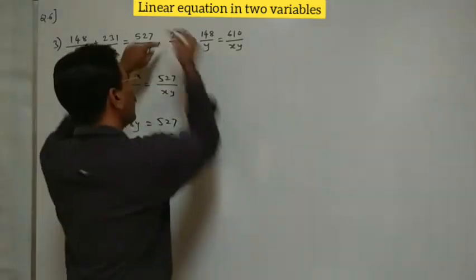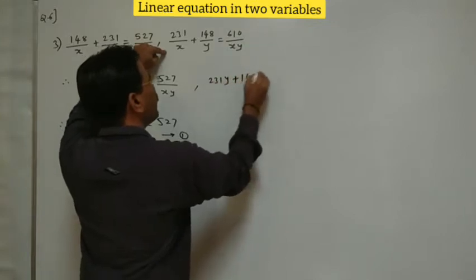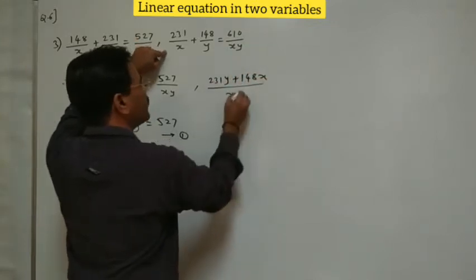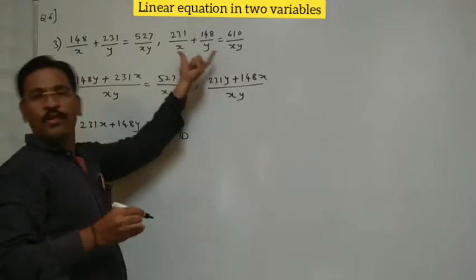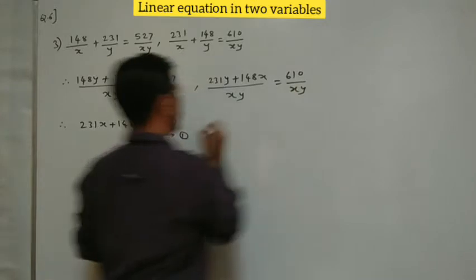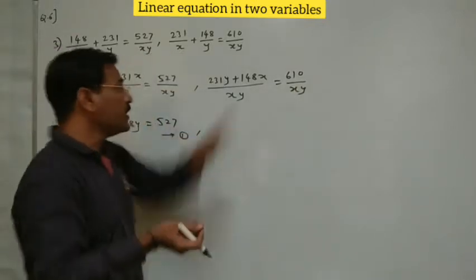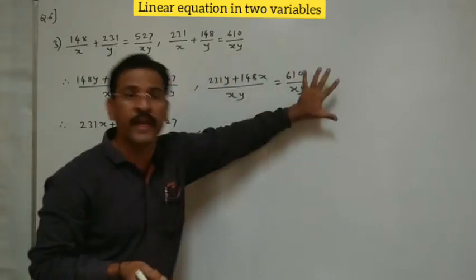On that side, again go with cross multiplication. What do we get? 231y plus 148x, again multiplied by the denominator xy. This side is 610 upon xy. Very similar, with the denominators. Look here, this is also a monomial, and this is also a monomial.